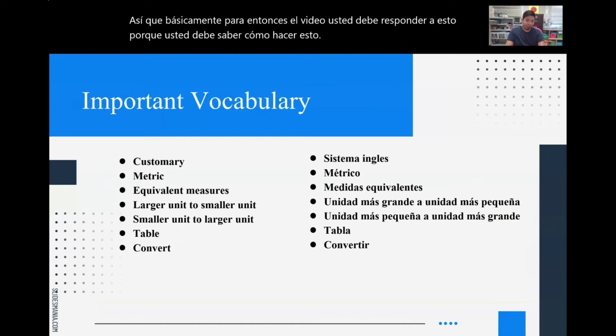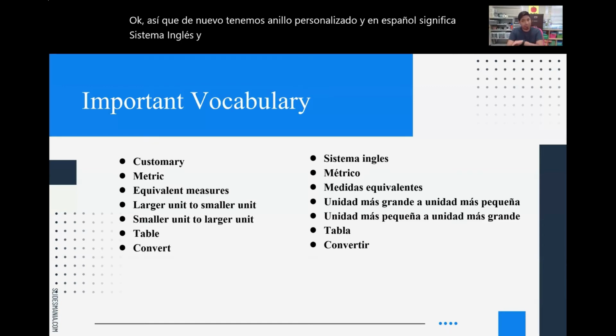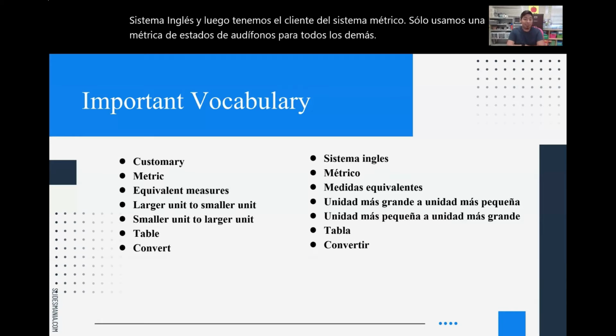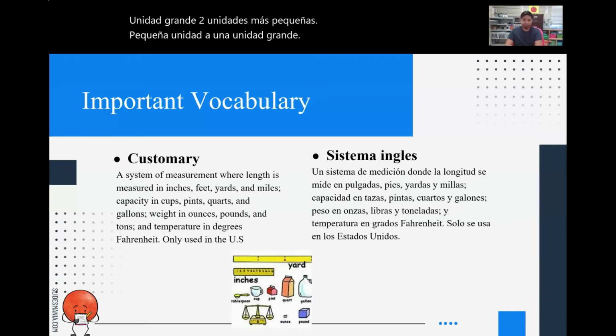Let's go ahead and look at our vocabulary. Okay, so again, we have customary, and in Spanish it means sistema inglés. And then we have the metric system. Customary, we only use it here in the United States. Metric, everybody else. Equivalent measurements. Large unit to smaller units. Small unit to a large unit. Table, and then convert.